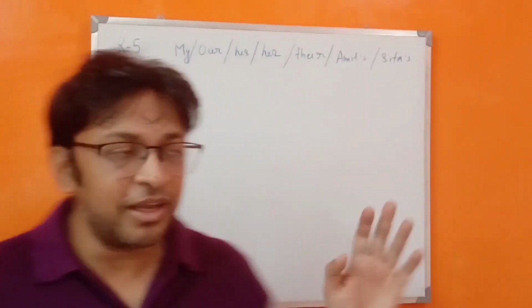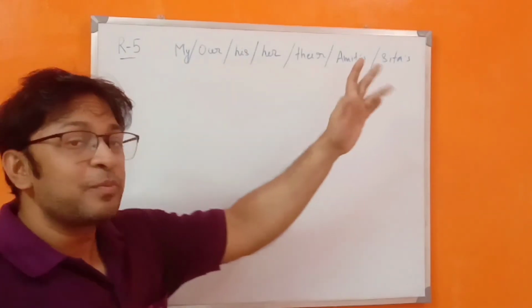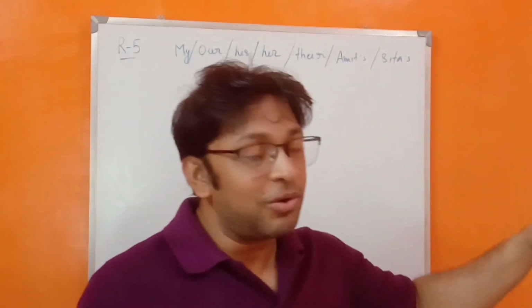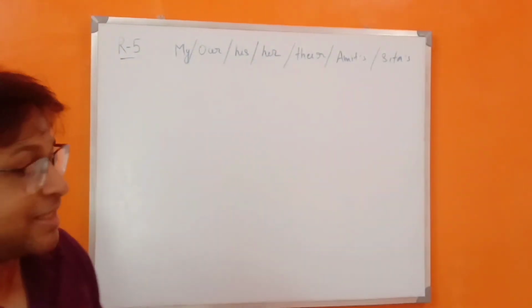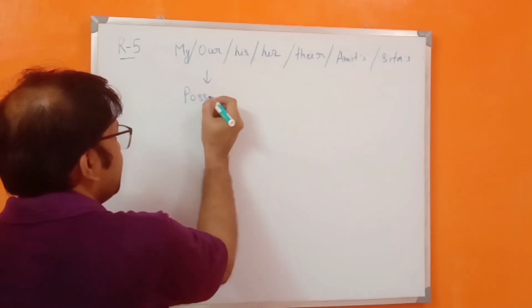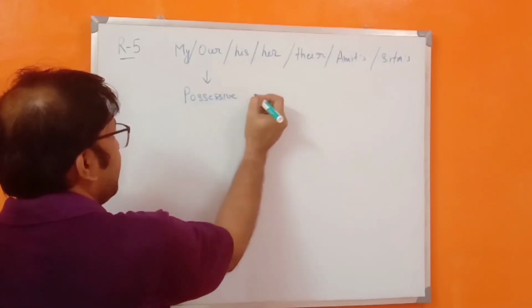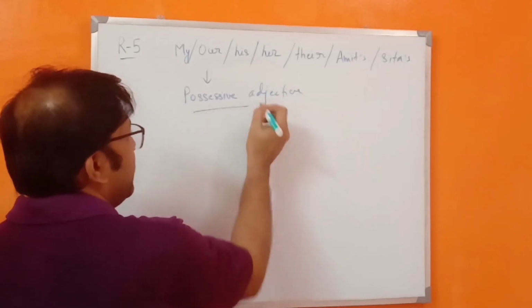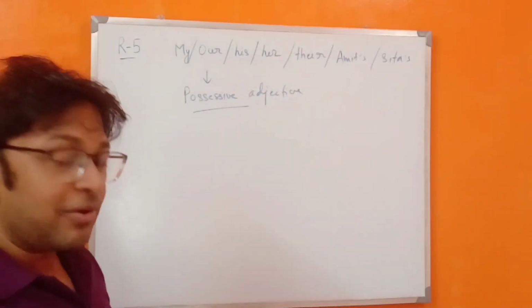Last thing here, you have to remember these are our possessive adjectives. They can also be used as a possessive pronoun, but here we are going to use them as a possessive adjective. So we will be using these things as our possessive adjective.